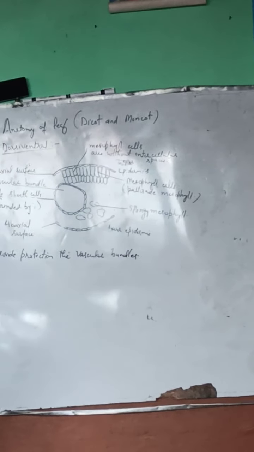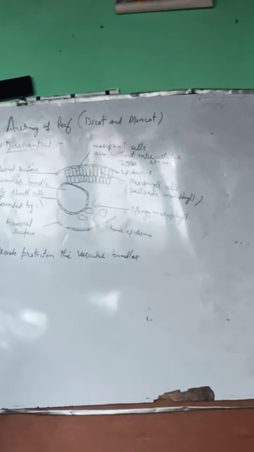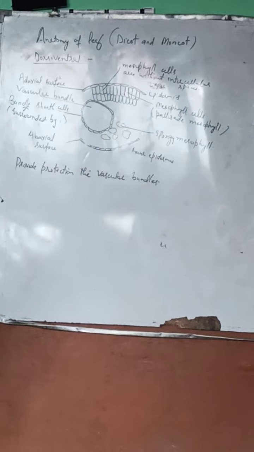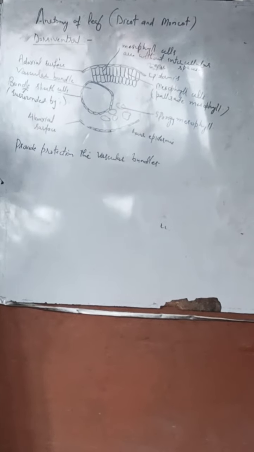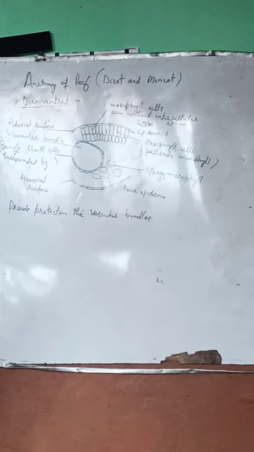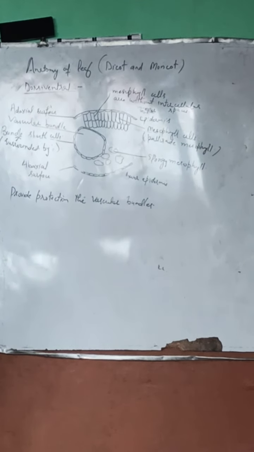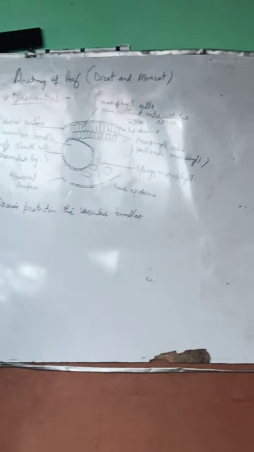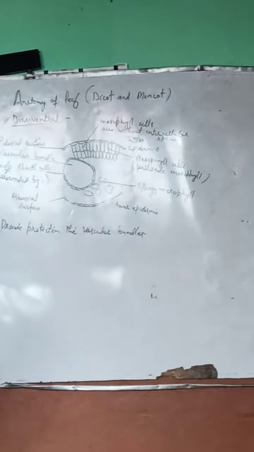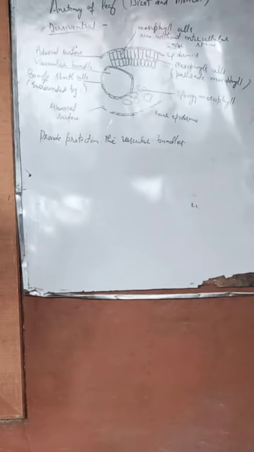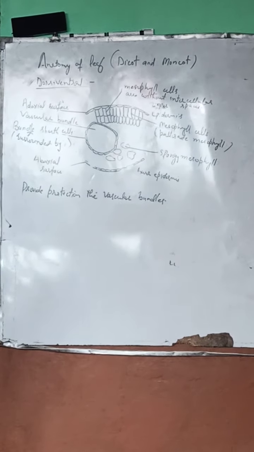Now it was all about the dicot leaf, and we know that the upper surface of epidermis is called adaxial surface, and the lower surface of epidermis is called abaxial surface.